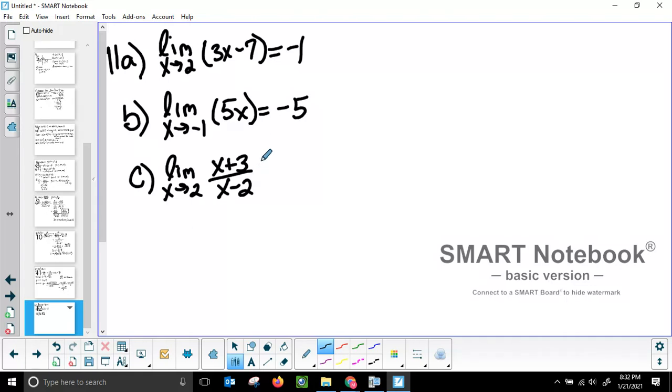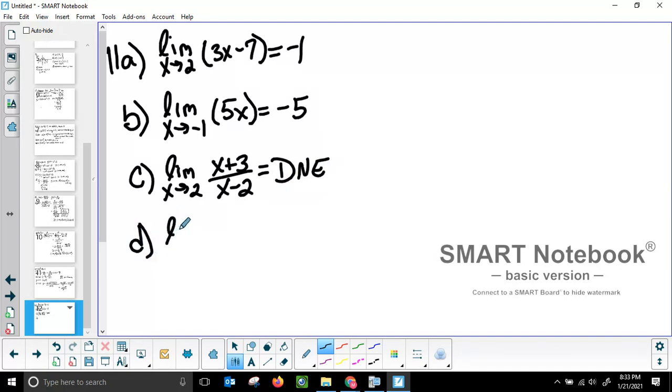All right, well, we can't have 0 in the denominator. Now when we get 0 over 0, which we'll get to in a minute, that's when we want to do our divide out technique. But when we get a number over 0, and it's an overall limit, not just a one-sided limit, we can always say that that limit does not exist.